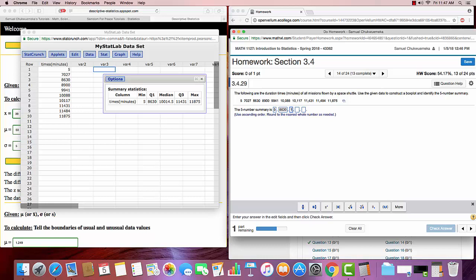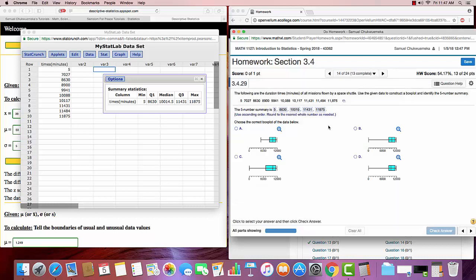That gives us 10015. Then the third quartile is 11431, and the maximum is 11875. Enter. Choose the correct box plot of the data below. So I'm just going to close this particular result here.